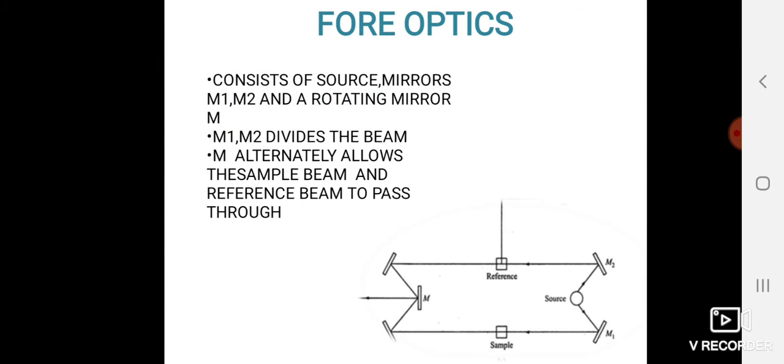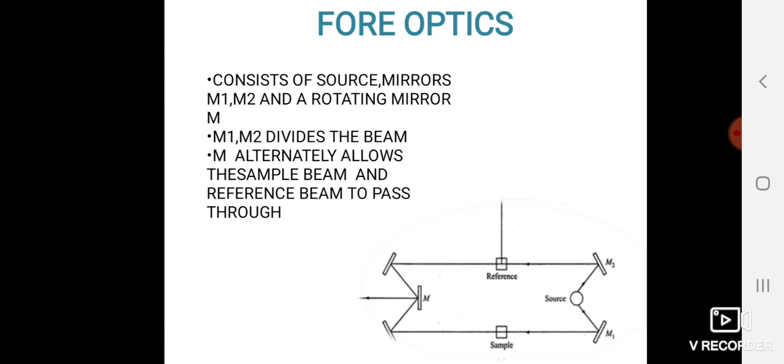For optics, that is the lenses, mainly people use a number of mirrors. These mirrors are used to focus the radiation exactly onto the sample and reference as well as the detectors. There are M1 and M2, which divide the beam, that is, the source light.